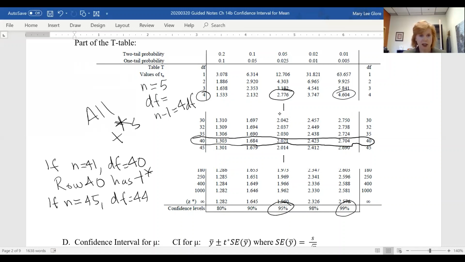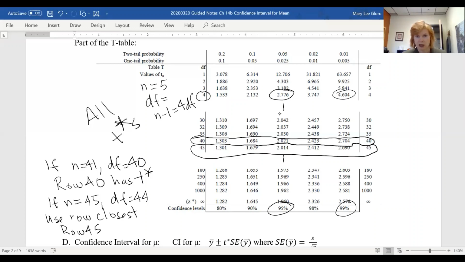So I just use the row closest. So here I would use row 45, because 45 degrees of freedom is closer to 44 than 40. And so then I would use the second set for a sample size of 45.